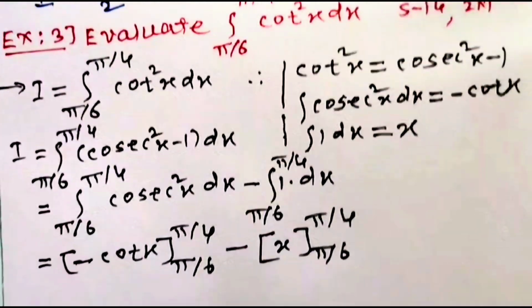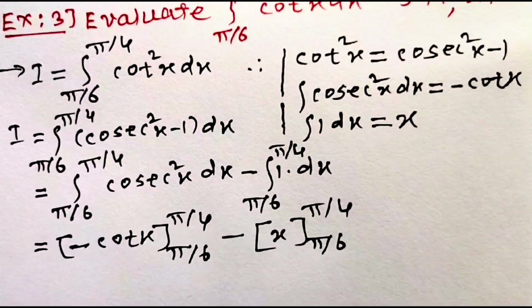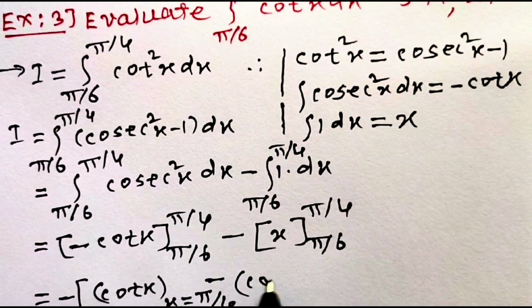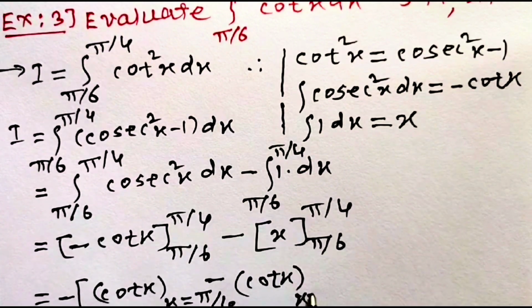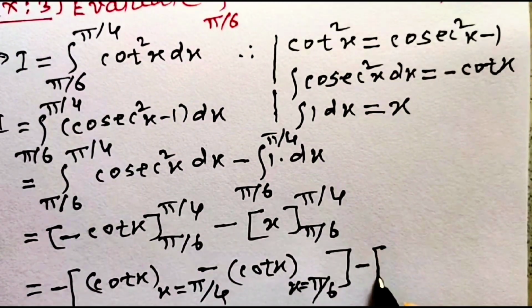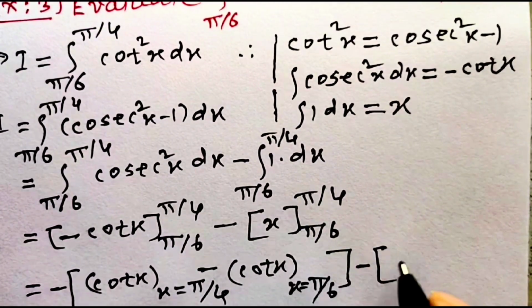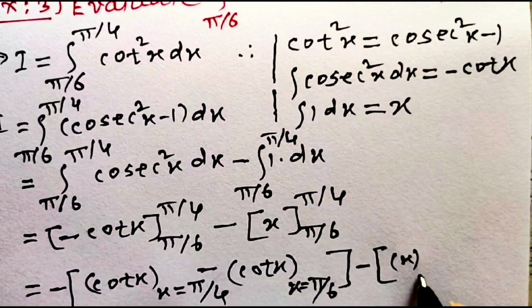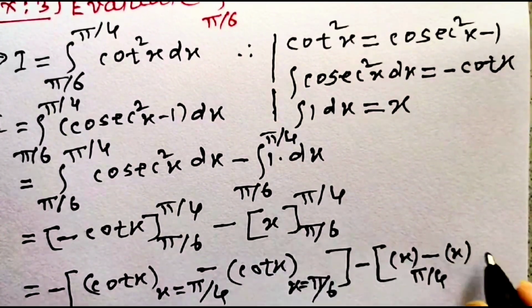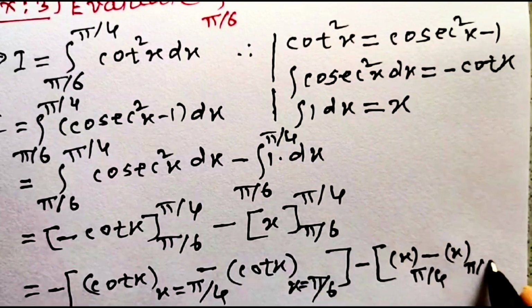Okay, now the first bracket can be written as minus of cot x at x equal to the upper limit minus cot x at x equal to the lower limit. First bracket close, and then minus, you are replacing x by the upper limit pi by 4 first, minus x by the lower limit pi by 6.